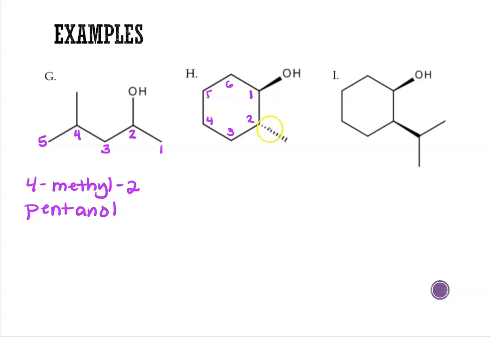That means that they are on opposite sides, so that means trans. So this is going to be trans-2-methyl, put the methyl down here. And then this is cyclohexane with an OH, so it'd be cyclohexanol. 2-methylcyclohexanol. Va-va-voom.